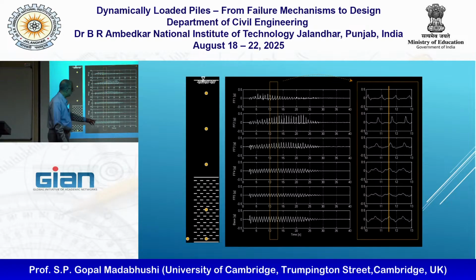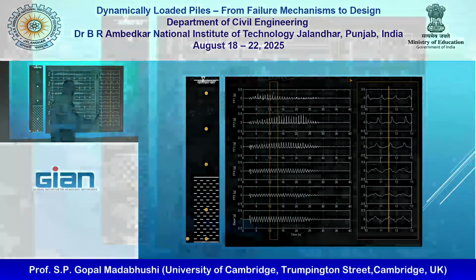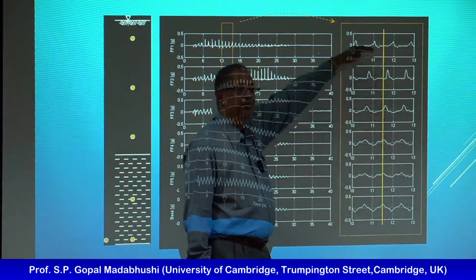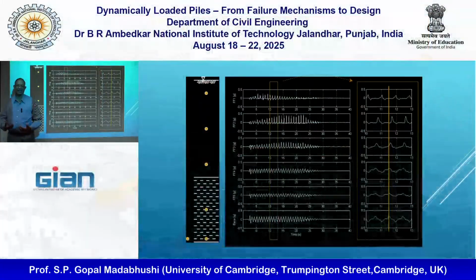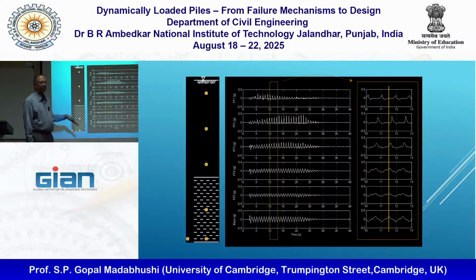Now we can also take a little time frame in here, like a yellow box, and this yellow box is plotted here. So I'm only seeing a few cycles. Then if I draw a vertical line, I can see the delay in the propagation of the shear waves clearly. So that is the phase lag I'm getting as the shear waves go from top to bottom to top.